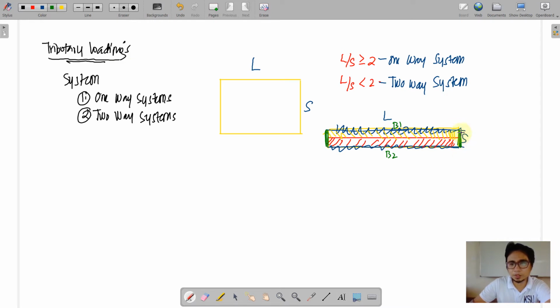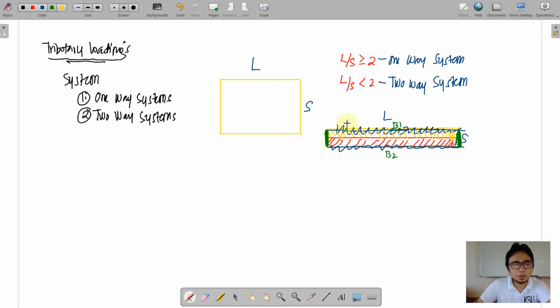This edge has no significant contribution when we talk about a one-way slab. The purpose of this edge is just to enclose the framing system, but not actually carrying any portion of the slab here.